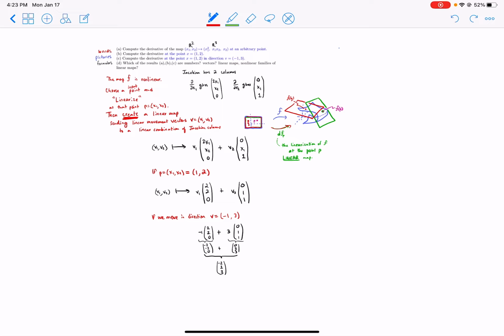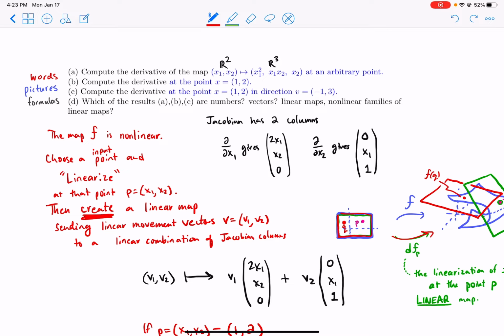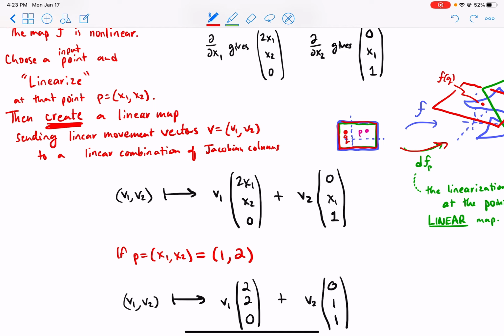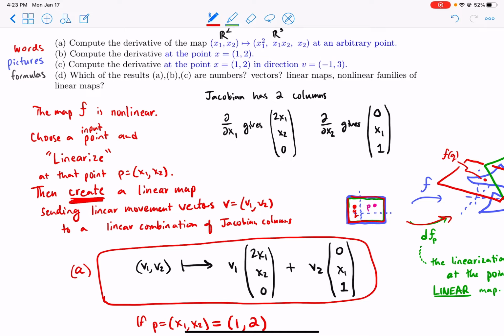Now, how can I describe this? Well, let's look at what the question is saying. Compute the derivative at an arbitrary point. So here is the derivative at an arbitrary point. I'll label that as my answer to part A. Compute the derivative of the map, a specific map, at an arbitrary point.